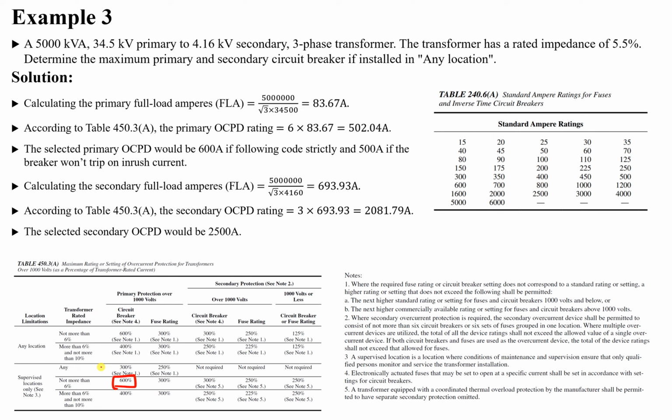In this case, I will have to use the 500 amperes, because we don't have the exception here. Note 1 does not exist here. Note 1, the next level, applies only to these breakers. Any other setting that does not have this note, we will select the lower level.